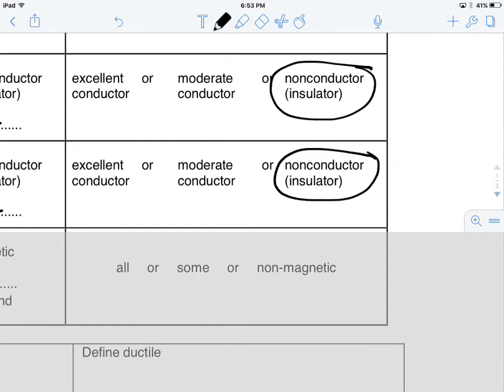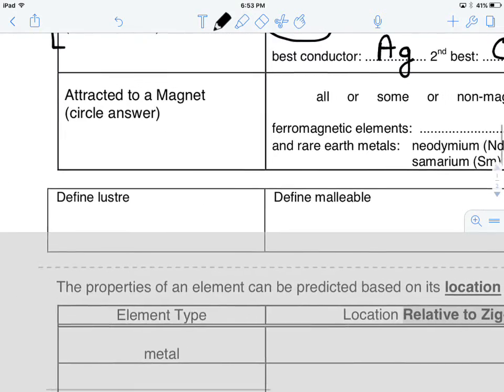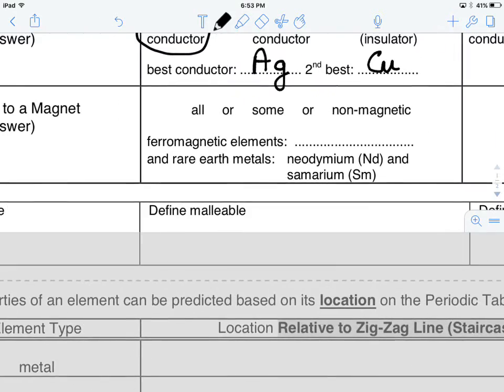All right, moving on down the list, we have one more category, and that's attracted to a magnet. It turns out that only some metals are attracted to a magnet. Those are iron, cobalt, and nickel. These are what we call the ferromagnetic elements, and they're found as magnetic in nature.